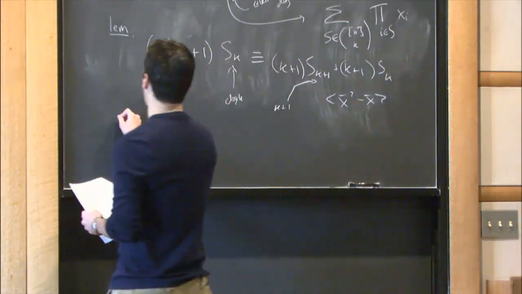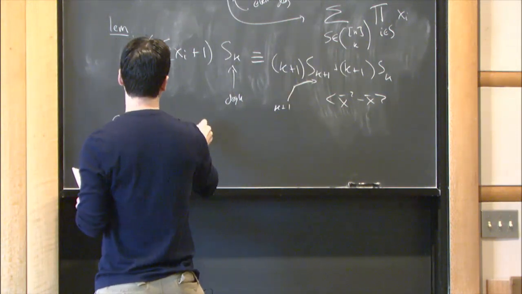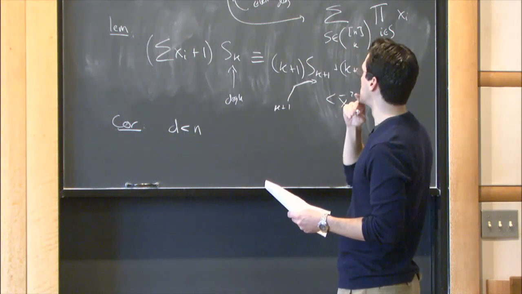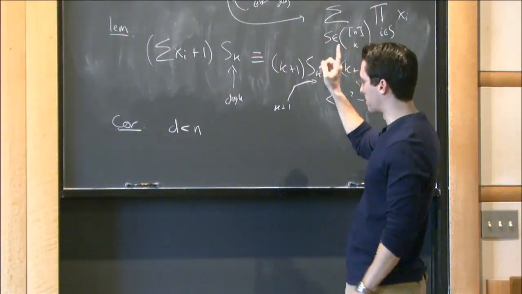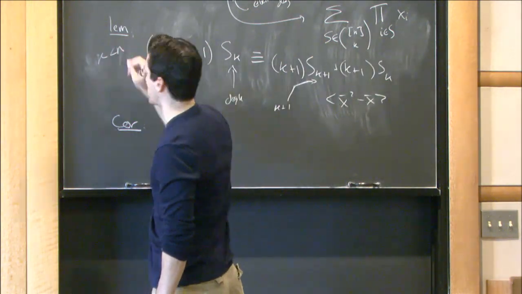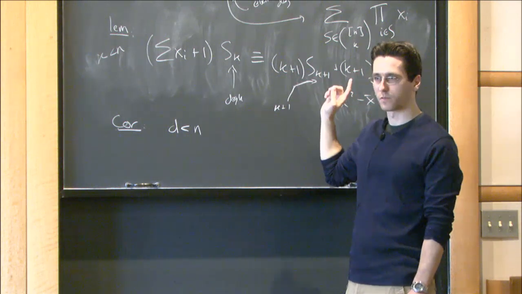All right, so what's the corollary of that? Suppose that the degree is at most n. The point in this lemma is that it assumes k is strictly smaller than n, because there is no (n+1)th elementary symmetric polynomial.